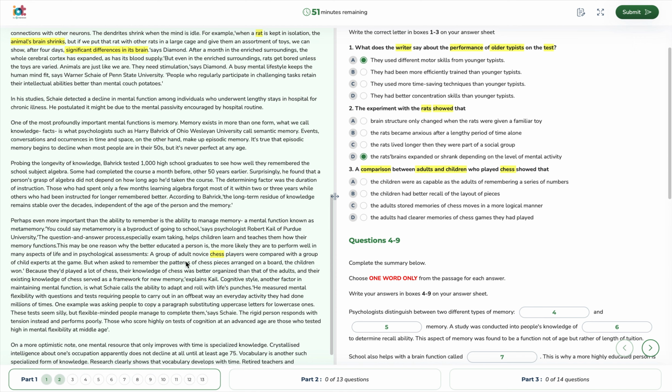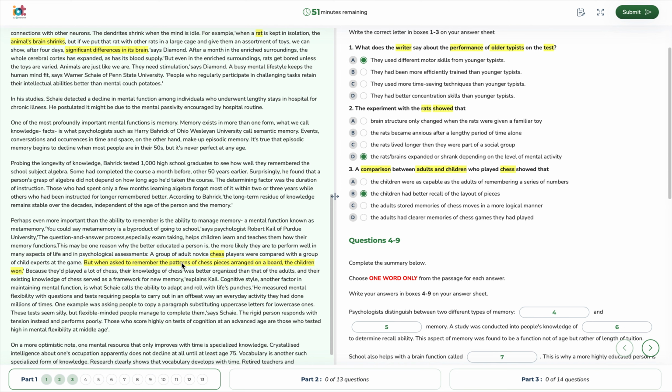What they are saying is that a group of adult novice chess players were compared with a group of child experts at the game. But when asked to remember the patterns of chess pieces arranged on the board, the children won. So you see, there is the exact line. So it means children were better at recalling the layout of pieces.